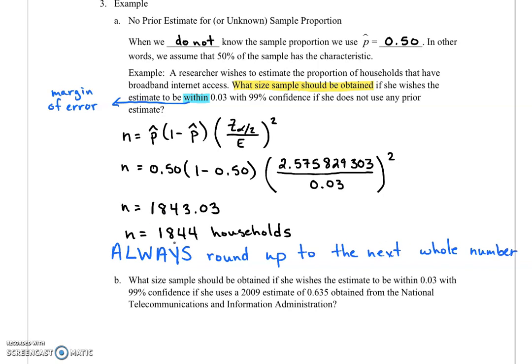If we came up with exactly 1,843, then we would leave it as 1,843. The problem is in order to be within 0.03 for our margin of error, we have to survey 1,843 households plus the 0.03 of a household. Well, how do you survey 0.03 of a household? You can't. So you have to go up to the next whole number, because rounding down to the previous whole number would not give you quite enough people.